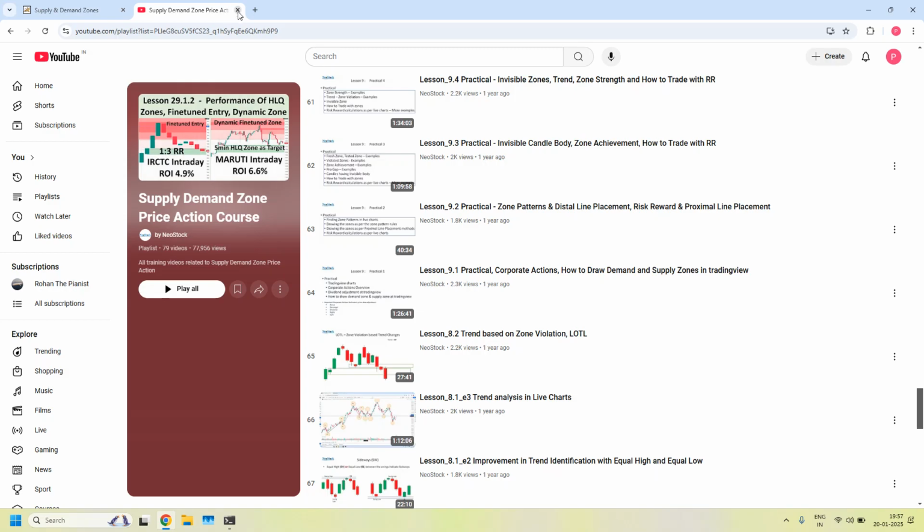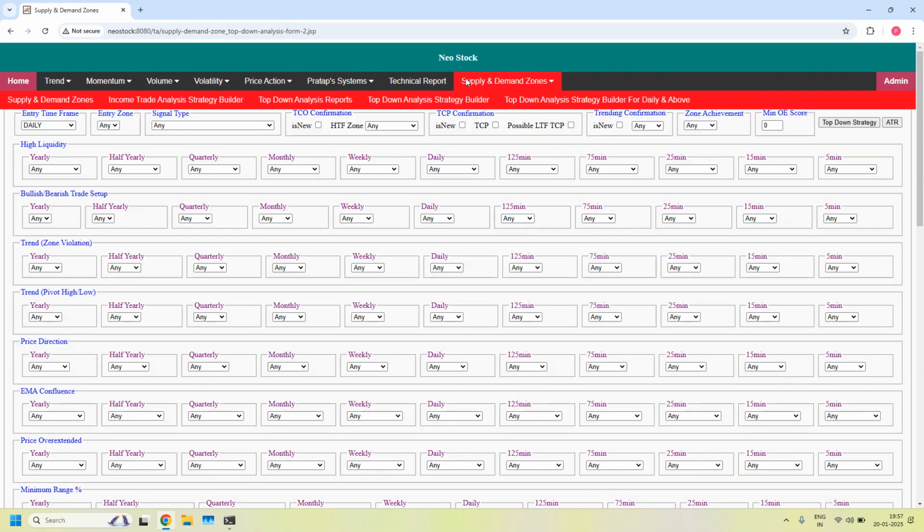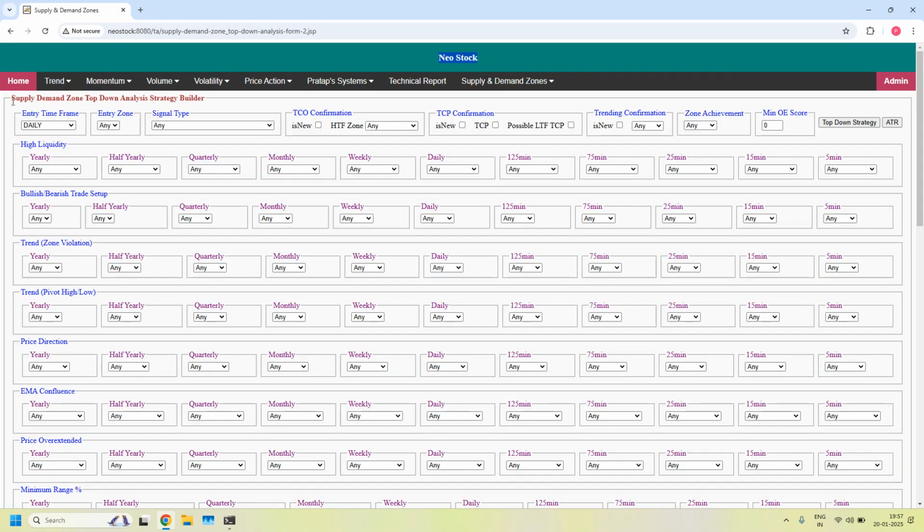Now let's get into the report generation with the help of NeoStock Software Supply Demand Zone Top-Down Analysis Strategy Builder. So we are going to generate different reports. First we will identify stocks near demand and supply zones and also price closed inside the demand or supply zones until the daily time frame.